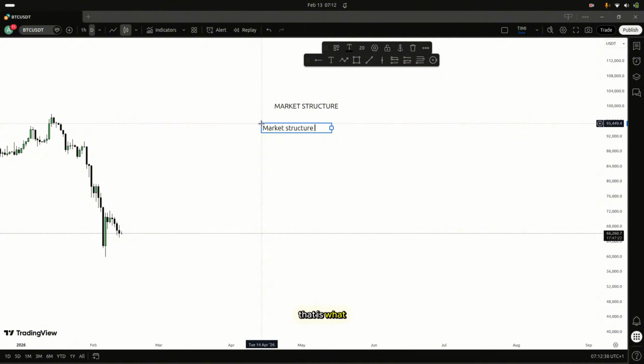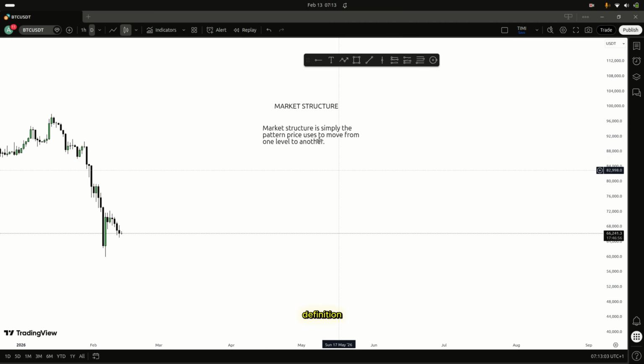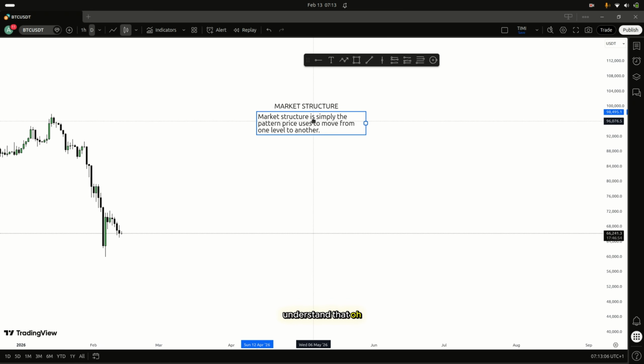That is what market structure is. So from this definition, you already understand that price moves with a pattern.